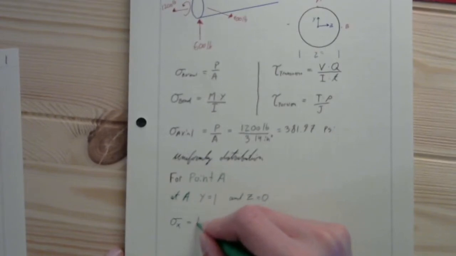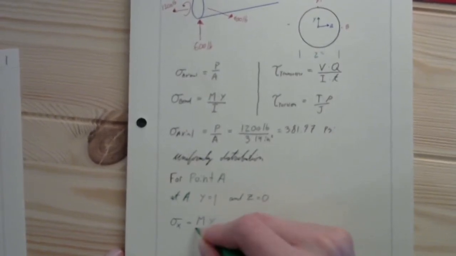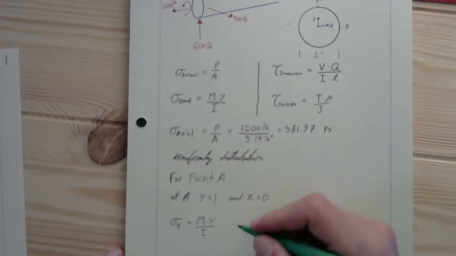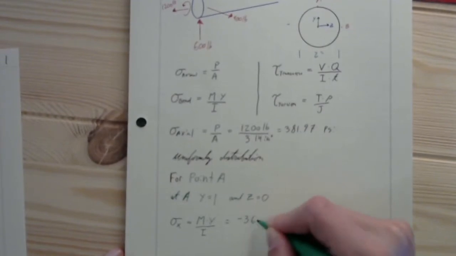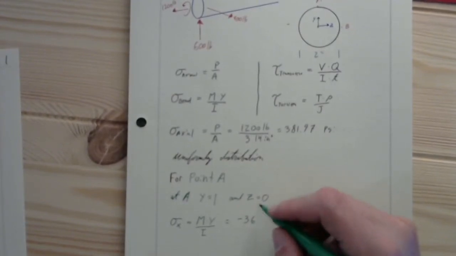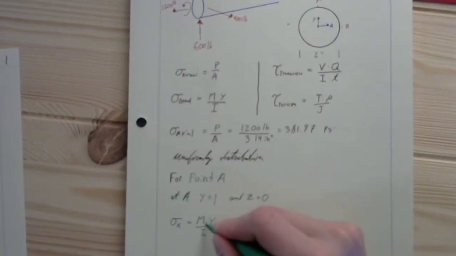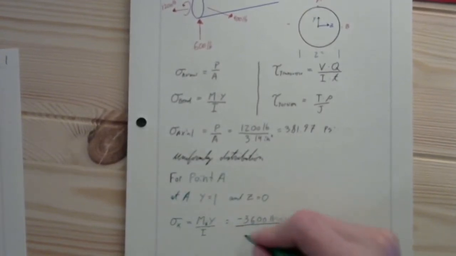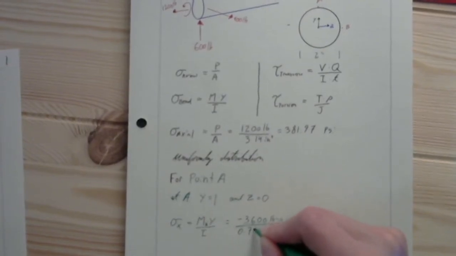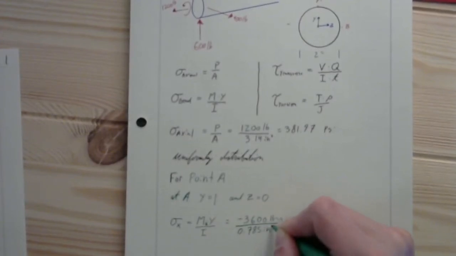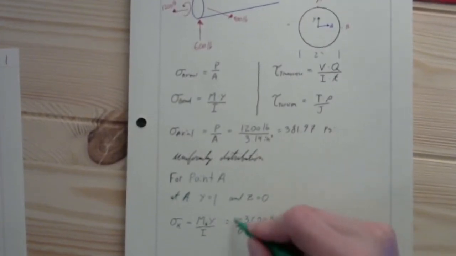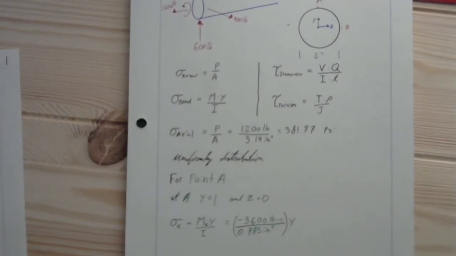And it's going to be equal to the moment times y over I, which in this case is going to be negative 3,600 pound-inches, because it's the moment about the z-axis, divided by our second moment of inertia, which is 0.785 inches to the fourth, times y.